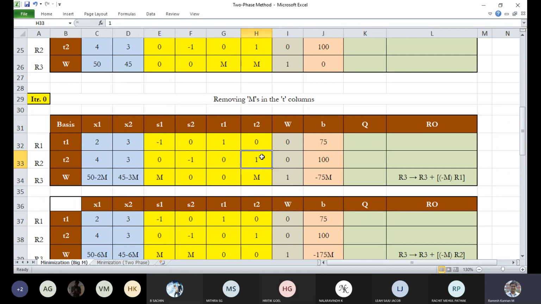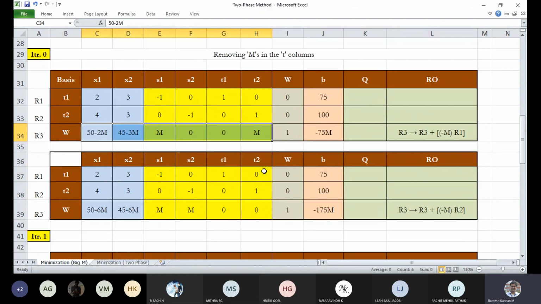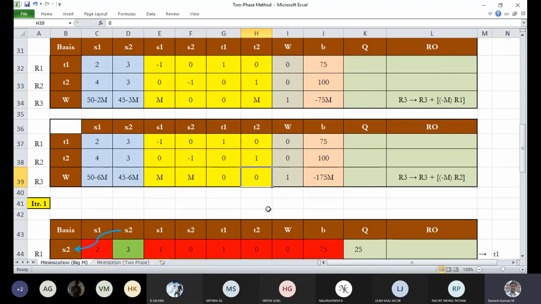So 1 into minus m plus m will become 0. Not only this, the entire row has to be taken. So row 3 equals row 3 plus minus m into row 2, right? So that's how it becomes this, right? So now you have removed this.